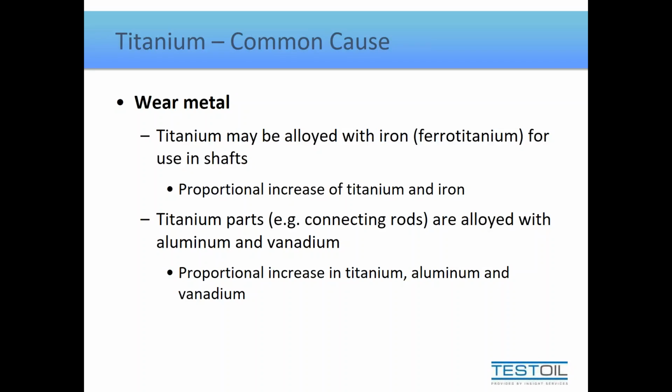Titanium also presents another interesting case as to where else it could come from. If it's not a wear metal, where might titanium come from? It has certainly shown up after overhauls and other recent PM type work. And people often get very confused as to why titanium might suddenly appear when it has never appeared before, especially if they can't think of any logical source of titanium parts.